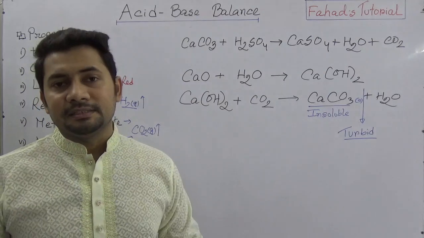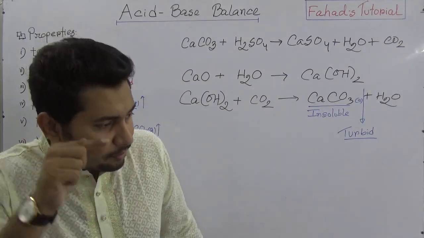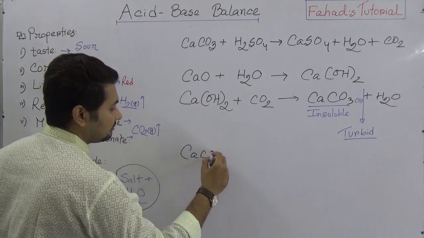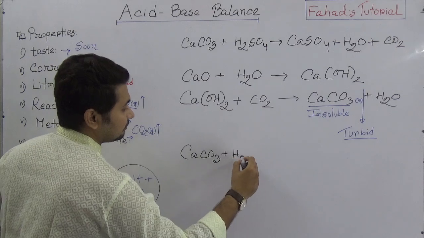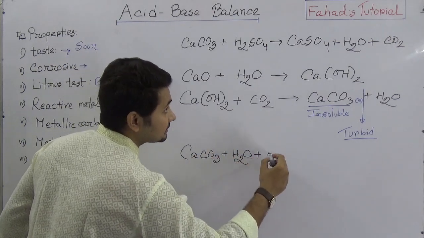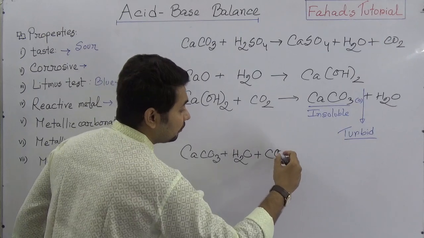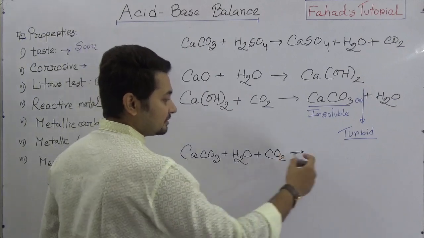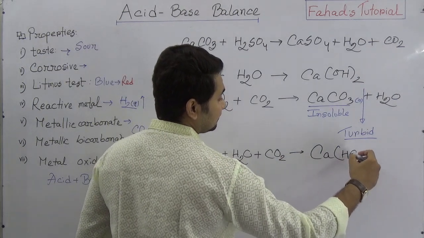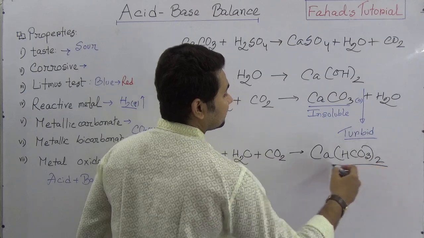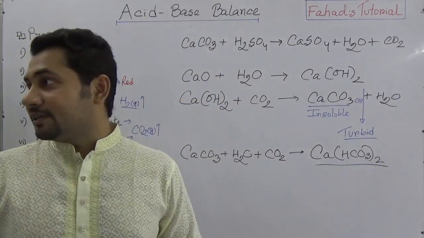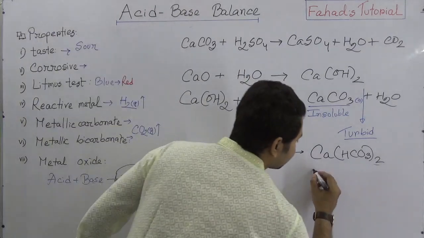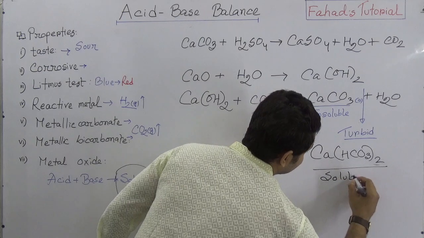So it looks turbid, but if you channel more carbon dioxide into this solution, calcium carbonate plus water plus more carbon dioxide, then it will produce a new compound, calcium bicarbonate, and this is soluble in water.